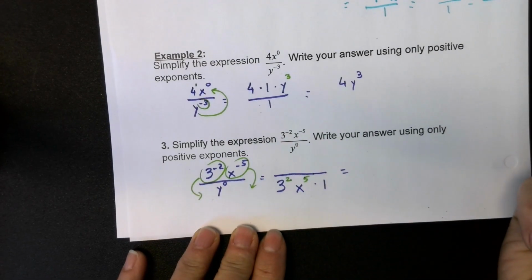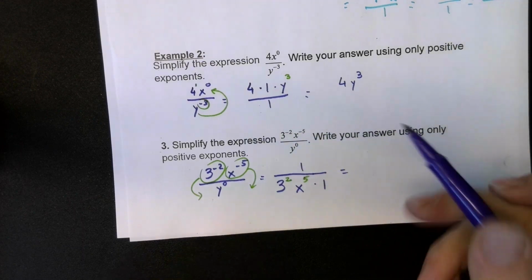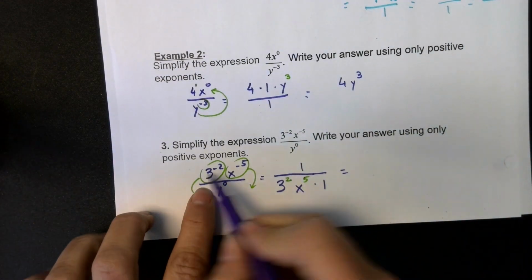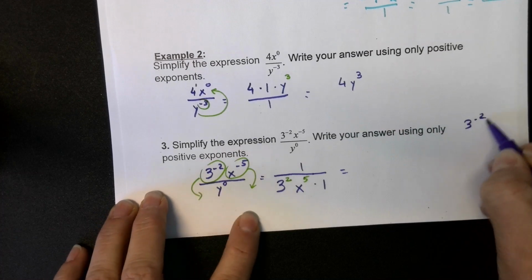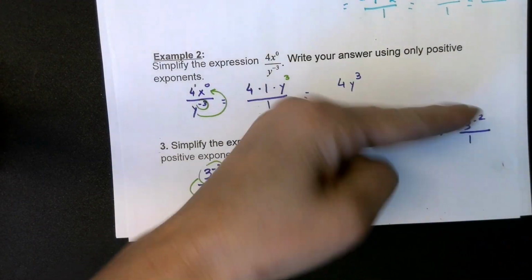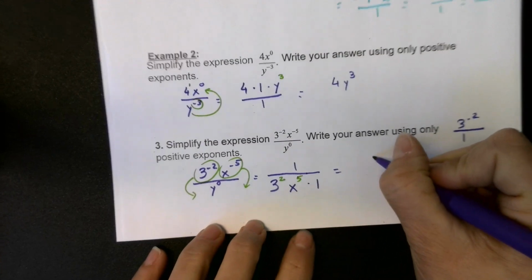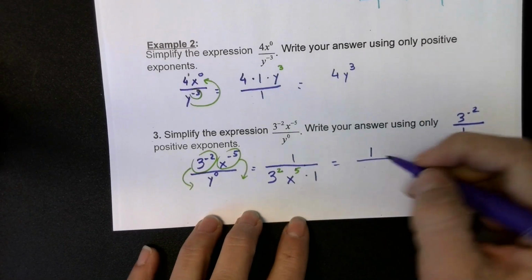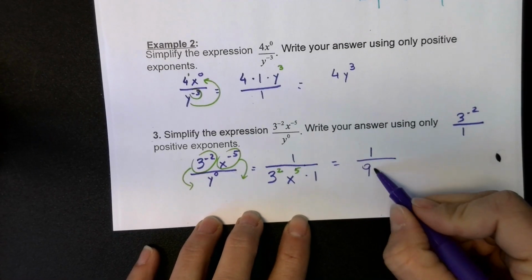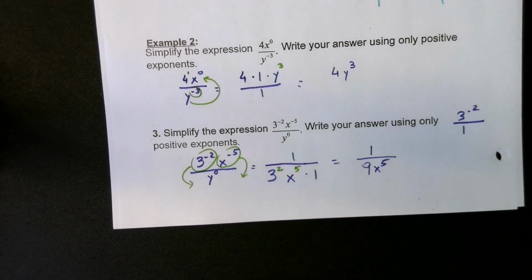What's left in the numerator? 1. Remember, it's a reciprocal, right? So technically, that 3 to the negative second power was over 1, right? So you just took the reciprocal. So now that 1 went to the numerator. So we're almost there. So we have 1. What's 3 squared? 9. X to the fifth. Y to the 0 is just 1, which cancels out. That is it.